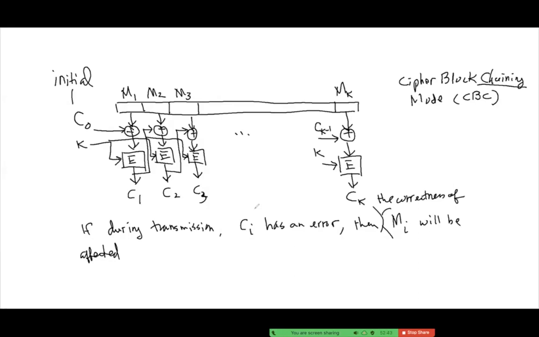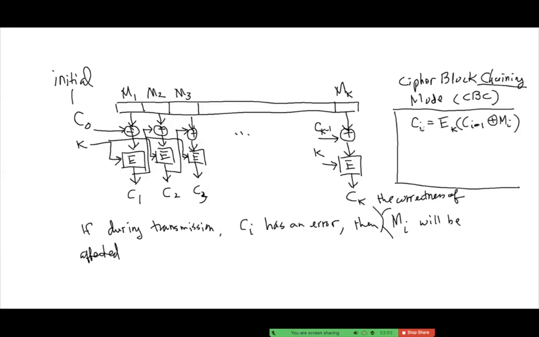Oh, by the way, the encryption is Ci equals E_K of C(i-1) XOR Mi.